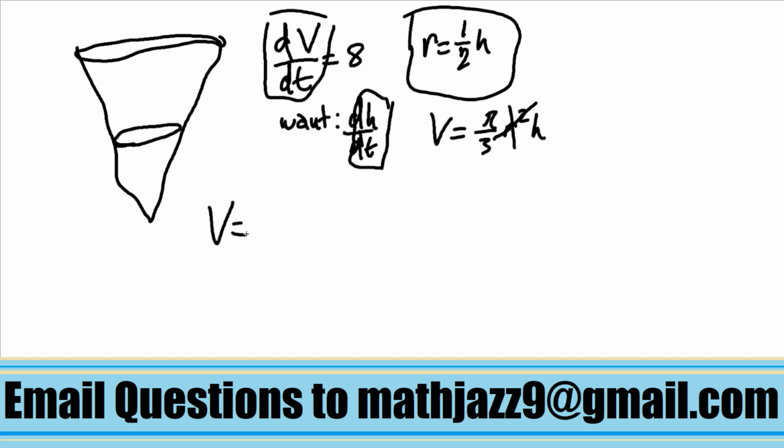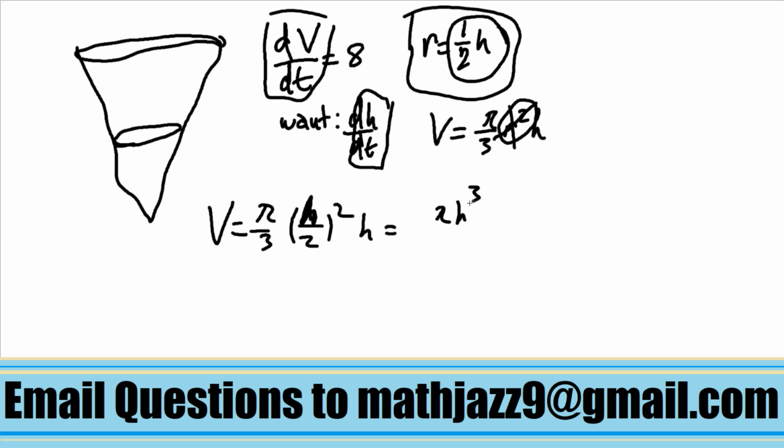We get V equals pi over 3 times h over 2 squared, because that's what r is, h over 2, and then r squared means that we square it here, times h. So we simplify, we get pi h cubed over 6.